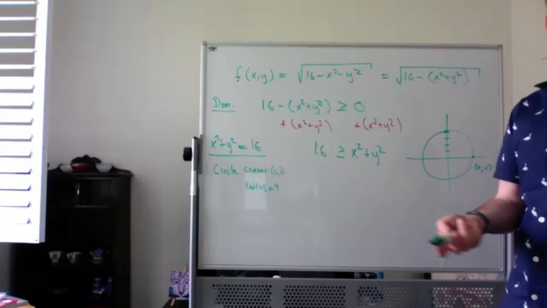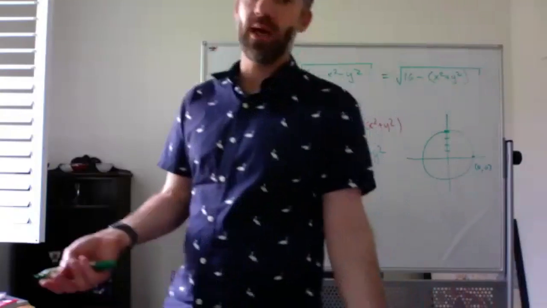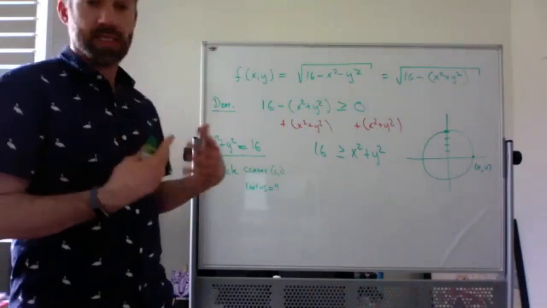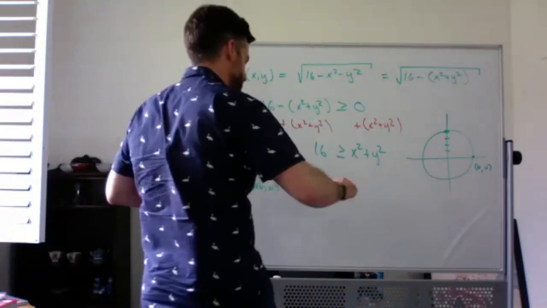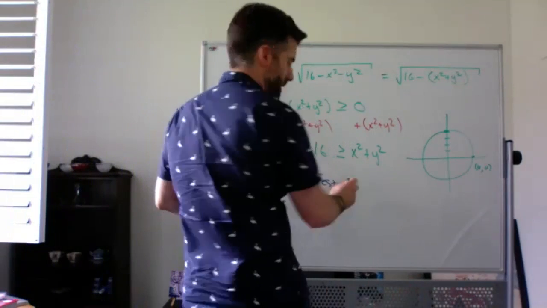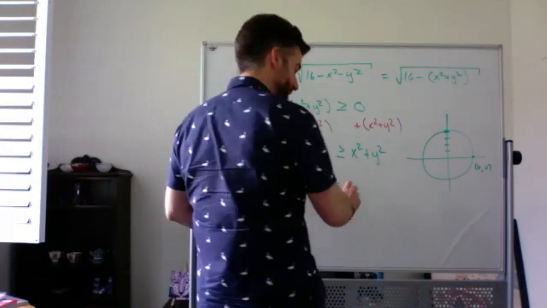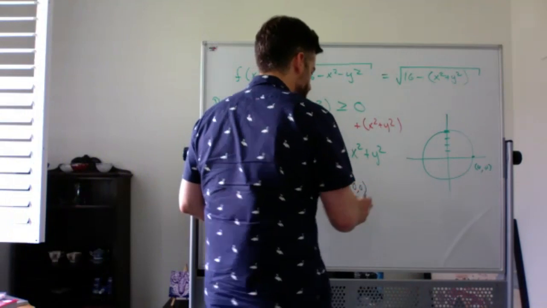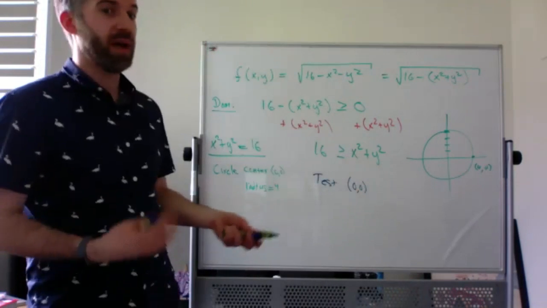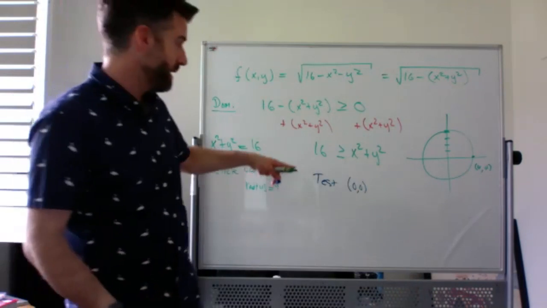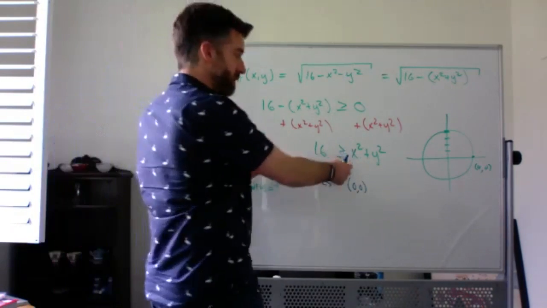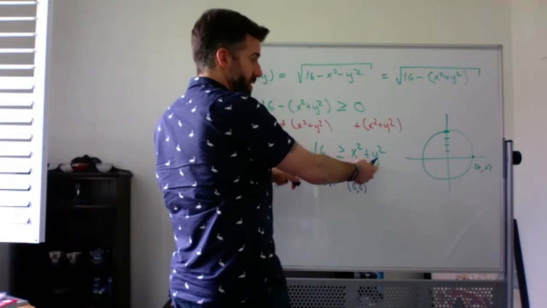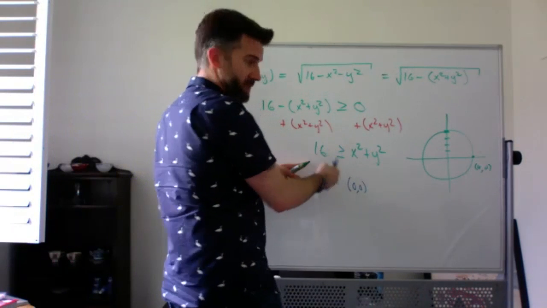The easy way you can tell is by testing a test point. I'm going to pick 0, 0 because it's easy. So if I test 0, 0, does x equal to 0 and y equal to 0 satisfy this inequality? Well, yeah. If you plug in 0 for x and 0 for y, 0 plus 0 is 0, and 0 is less than or equal to 16.